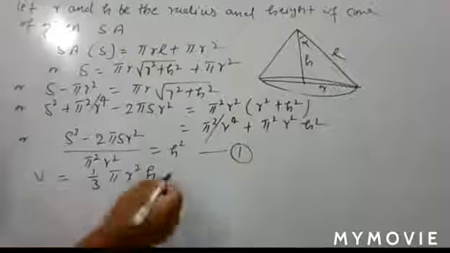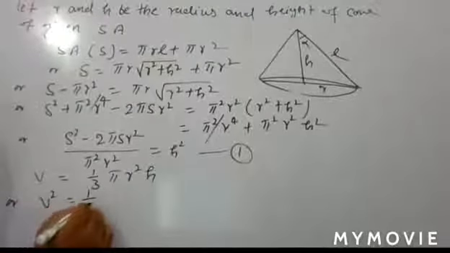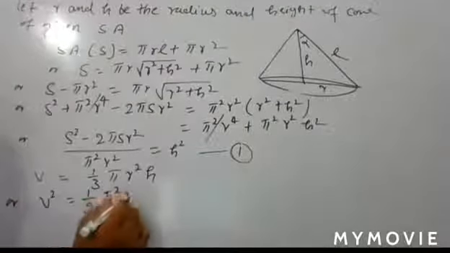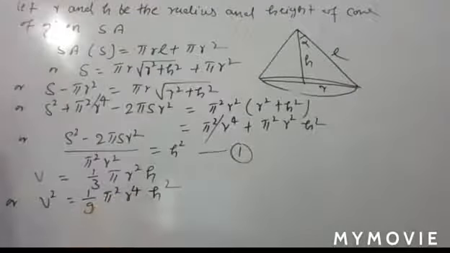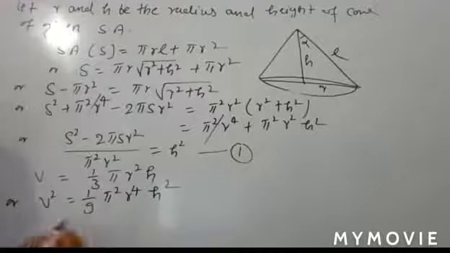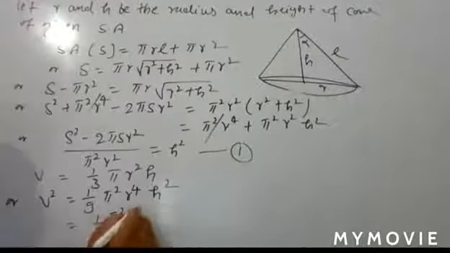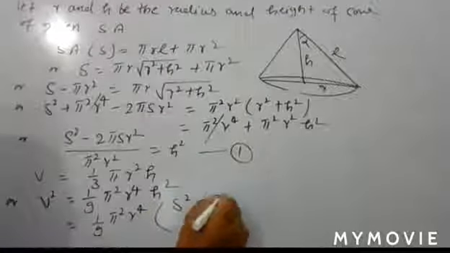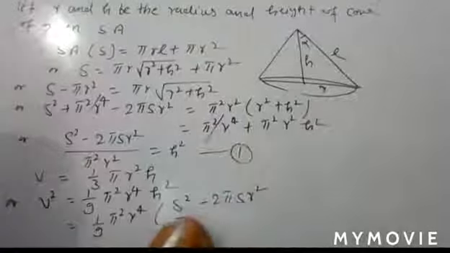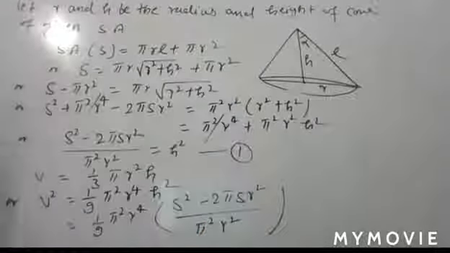So squaring both sides, V square is equal to 1 upon 9 pi square R to the power 4 into H square. Now putting the value of H square from the first equation, you have 1 upon 9 pi square R to the power 4 into S square minus 2 pi S R square divided by pi square R square.